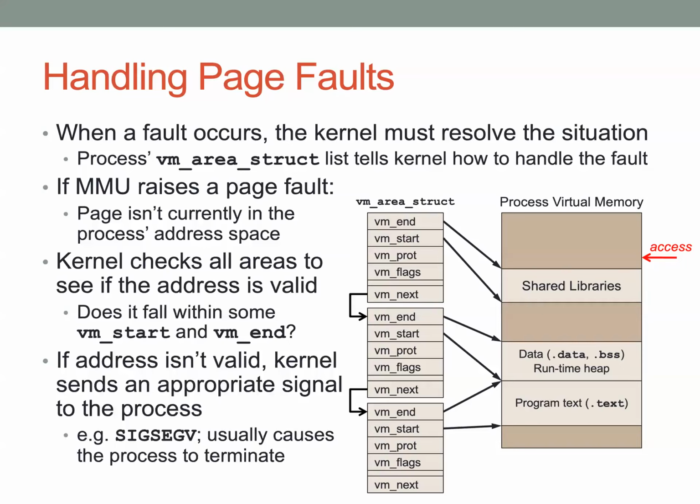If it gets all the way through the entire list and finds no virtual memory area corresponding to that address, it's like, okay, that was just la-la land. That was the process being crazy. So we send a SIGSEGV to the process, and the default behavior of that, and probably should always be the behavior of it, is terminate the process.